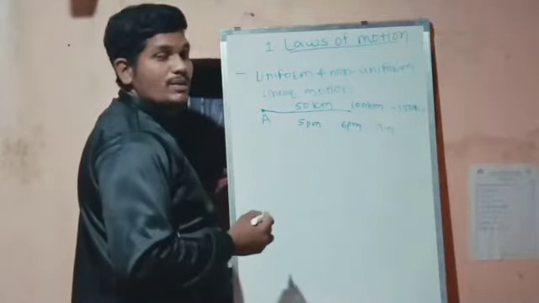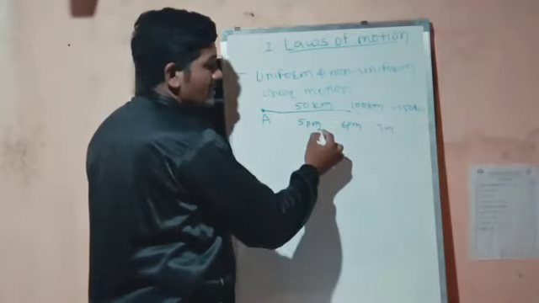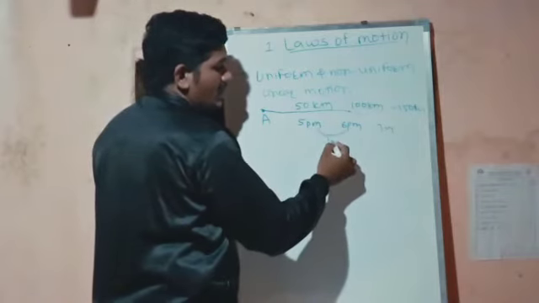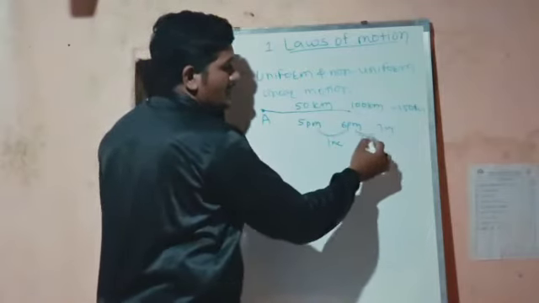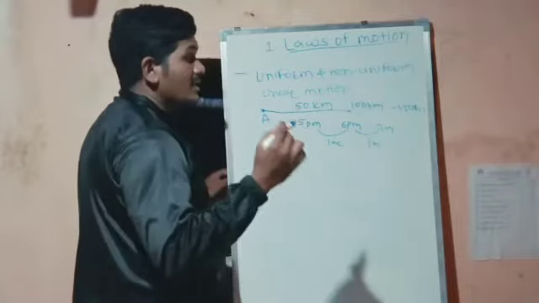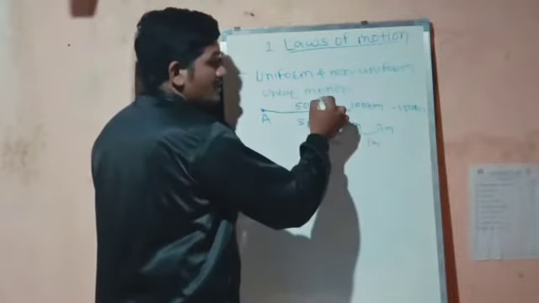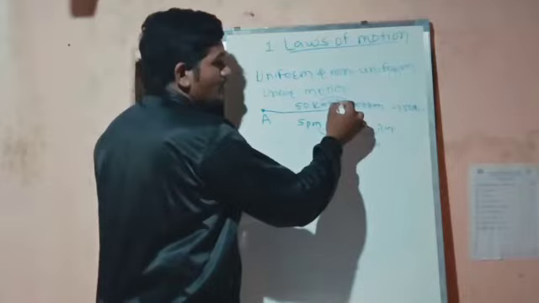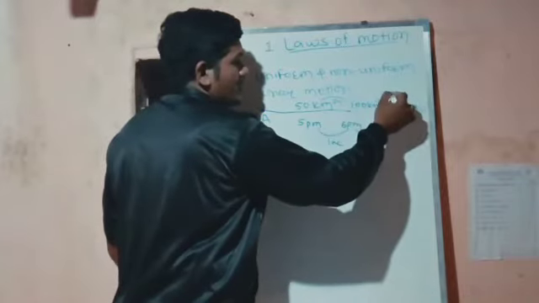So one thing you may have noticed: the gap between the times is 1 hour, and the gap between the distances covered is 50 kilometers. It is also 50 kilometers.